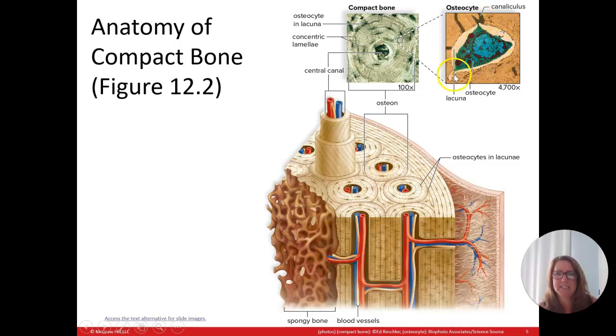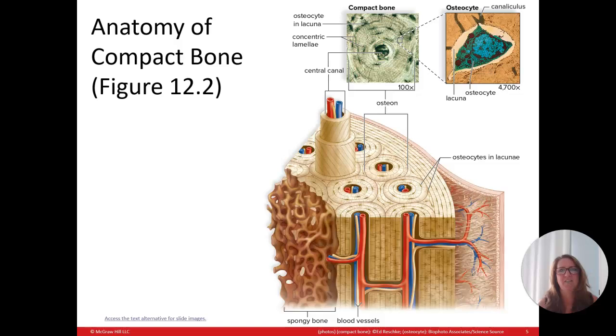But anyway, what we see is that these bone cells are connected by these strands of fibrous tissue, and embedded in those strands is the bone cell, the osteocyte. Now, I don't know how many of you have ever studied botany, which is my favorite thing, but if you take a cross-section of a tree, it looks so much like this compact bone.